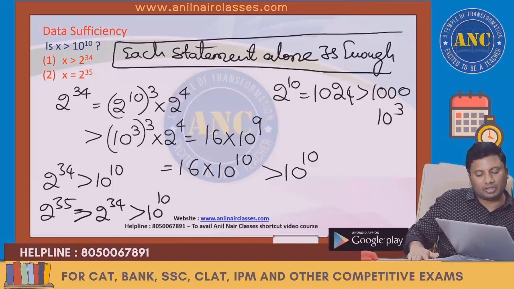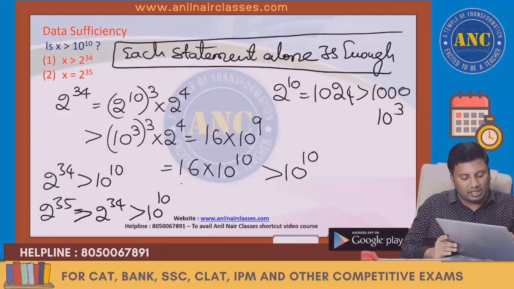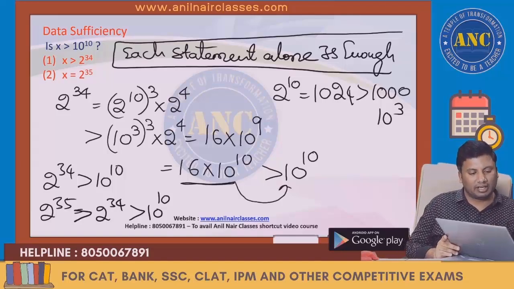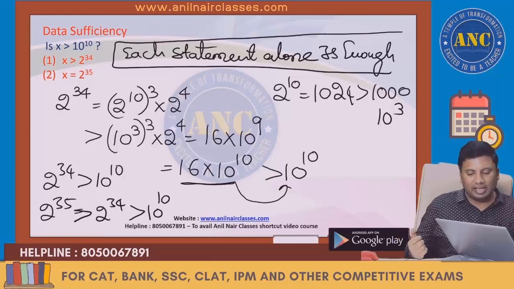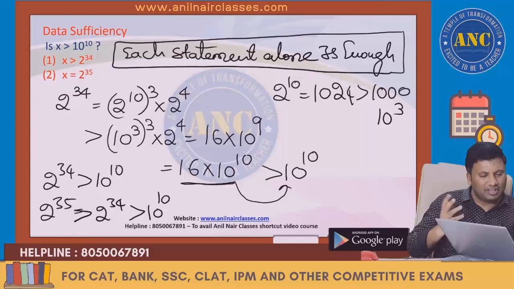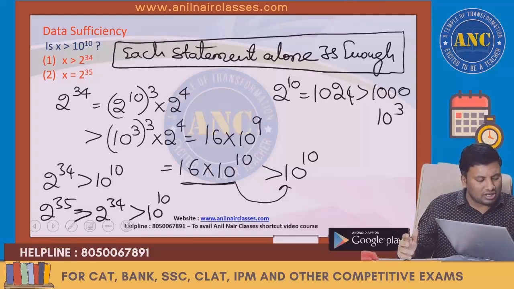So 10 cube power 3 into 2 power 4 is 16 into 10 power 9, which is 1.6 into 10 power 10, greater than 10 power 10. So if 2 power 34 is greater than 10 power 10, then in the second statement 2 power 35 will anyway be greater. Each statement alone is enough. This is a very easy question. Comparison of the powers.